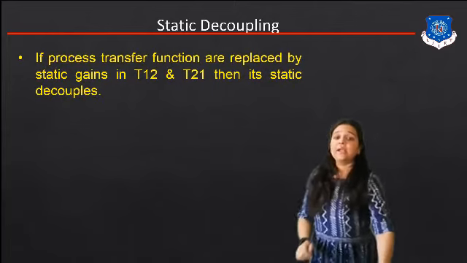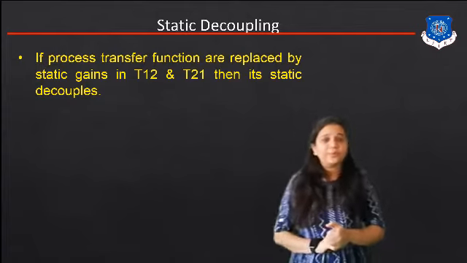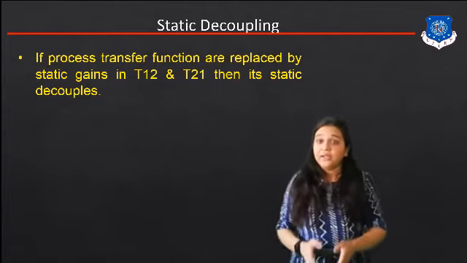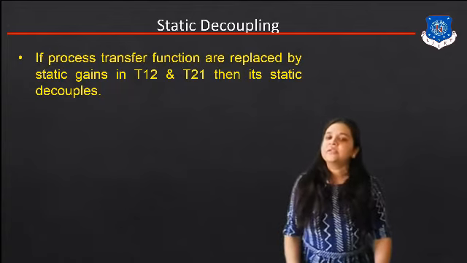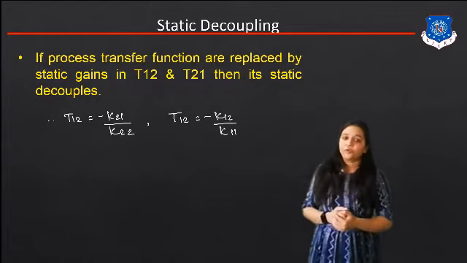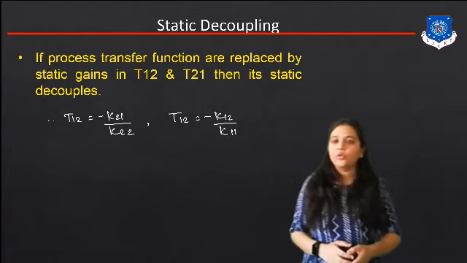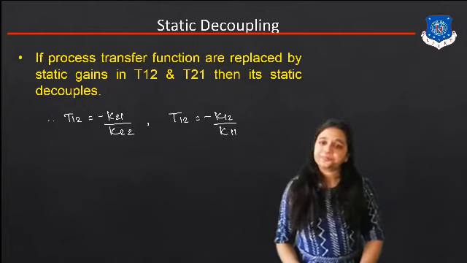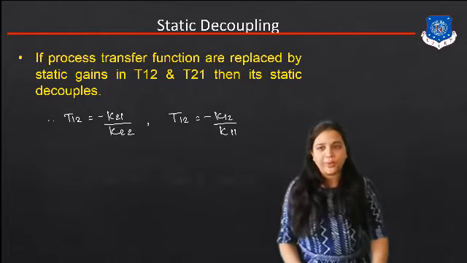Now, the second type of decoupler is static decoupling. If the process transfer functions are replaced by the static gains in T12 and T21, then it is the static decoupler. So T21 that we found earlier is equal to minus K21 upon K22, and T12 is equal to minus K12 upon K11.